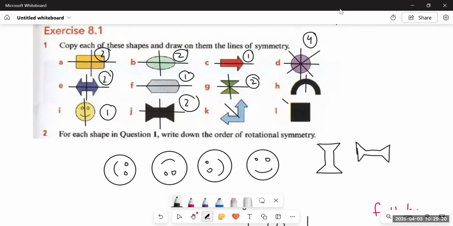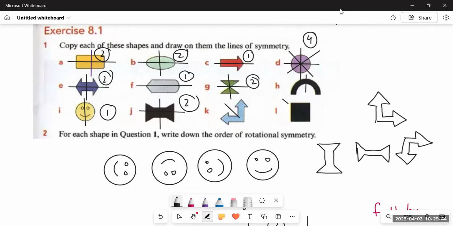Then when we talk about this part K, it's going to look like this at first. Okay, and then when I rotate it once more, it's going to look like this, which is again not the same.